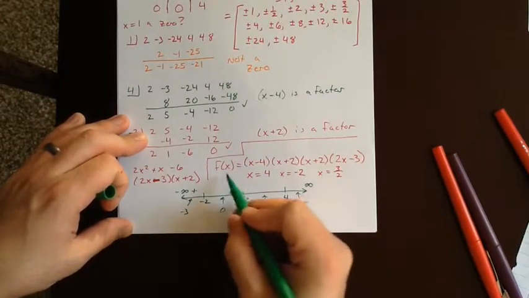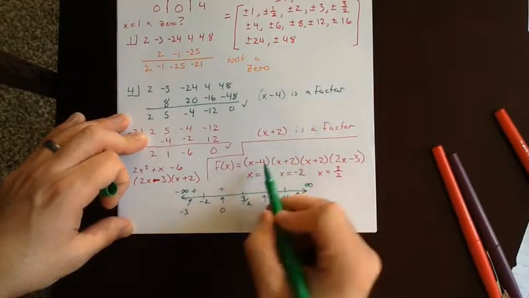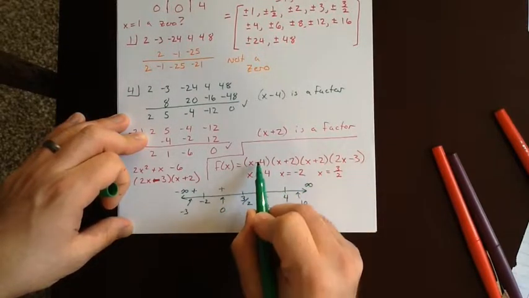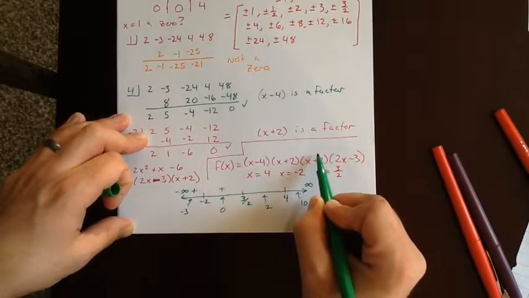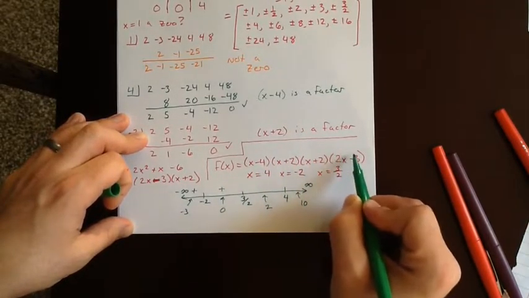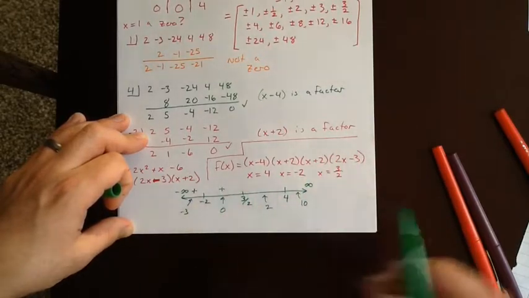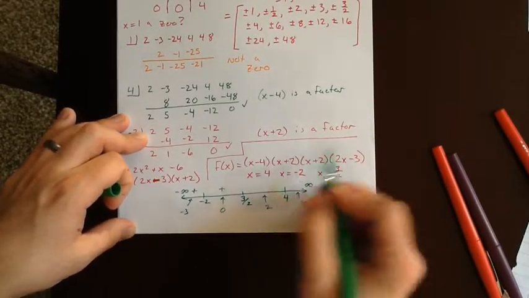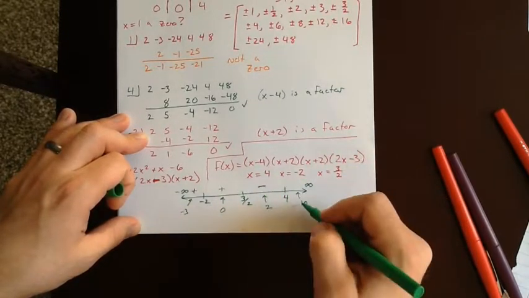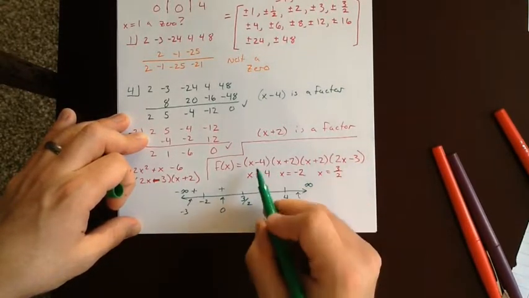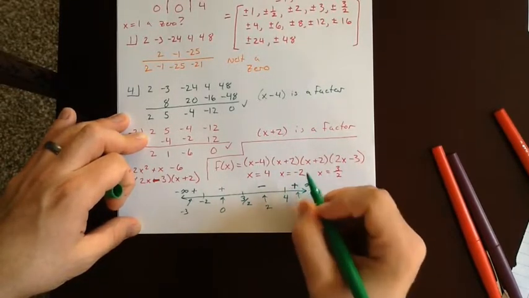With 0, I'm going to place 0 back in and we find we get a positive product. Showing that real quick, placing 0 into each: negative, positive, positive, negative. So 2 negatives, 2 positives result in a positive. Placing 2 in, we find we get a negative region. And placing 10 in, we find we get positive, positive, positive, and positive.